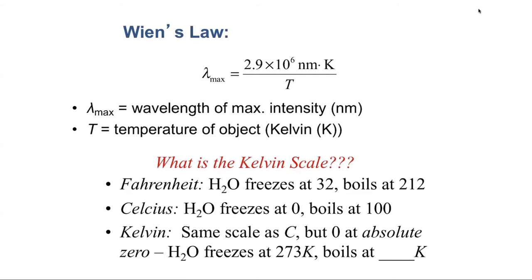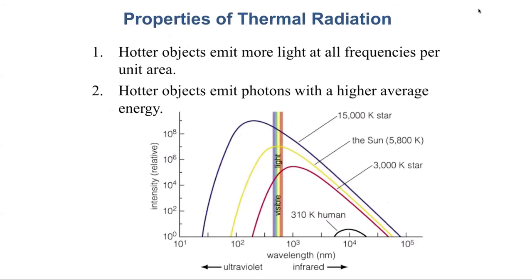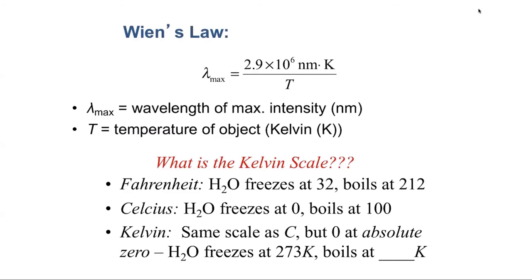Okay, we can codify this in a law, and the law is Wien's law. Wien was a German scientist, so we pronounce it the way he pronounced his name. There's a very linear relationship between the temperature of an object and where this distribution reaches its maximum point, and that's codified in Wien's law. Wien's law says lambda max is the wavelength of the maximum intensity of the star, the planet, anything that has a characteristic shape like that.